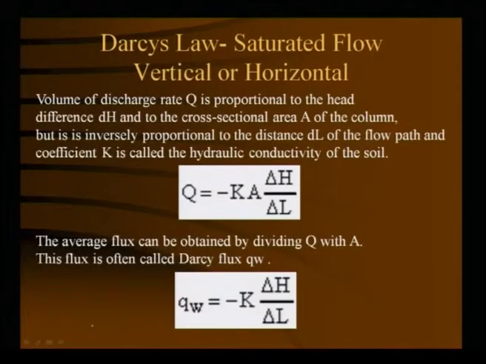The coefficient of permeability K, also called hydraulic conductivity of soil, gives Q equal to minus K delta H by L. The average flux can be obtained by dividing Q by A. The flux is often called Darcy's flux, Qw.